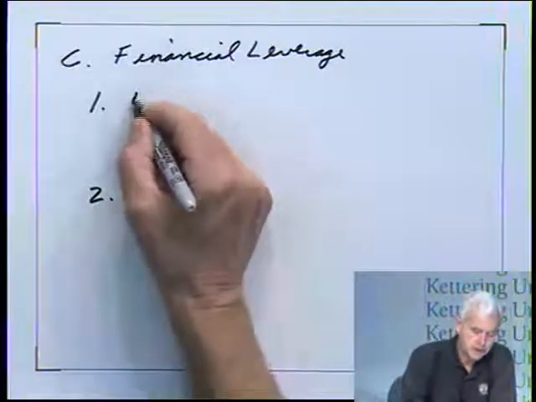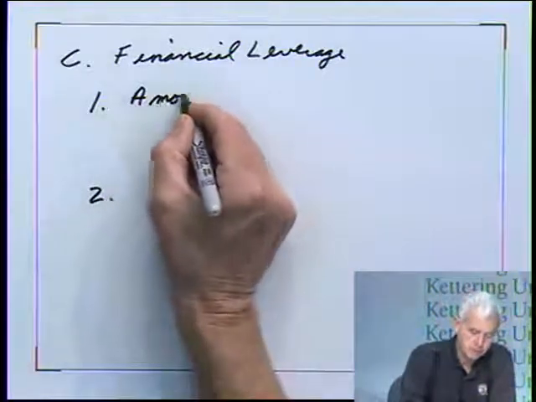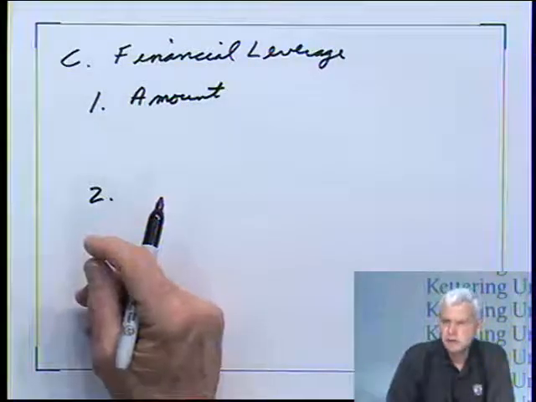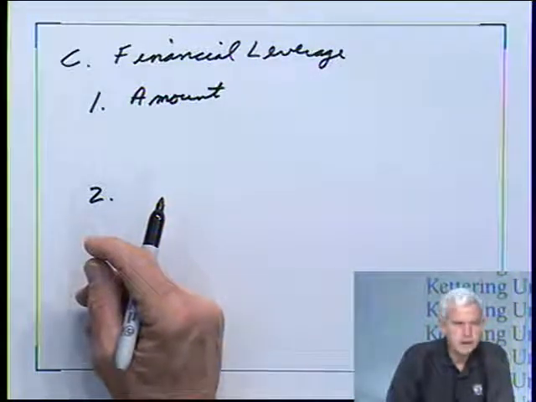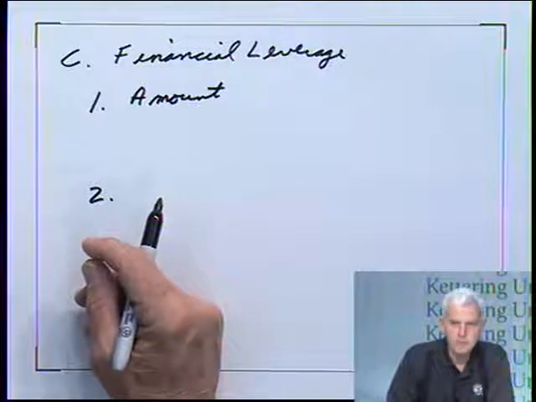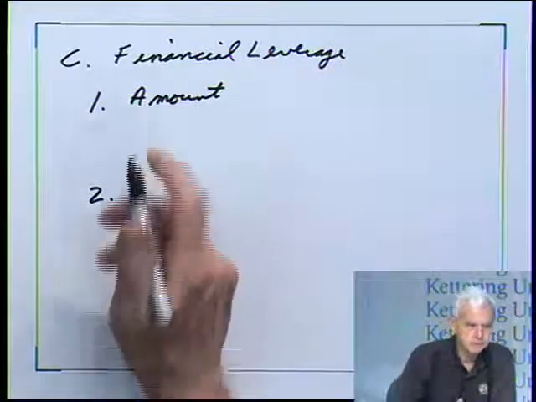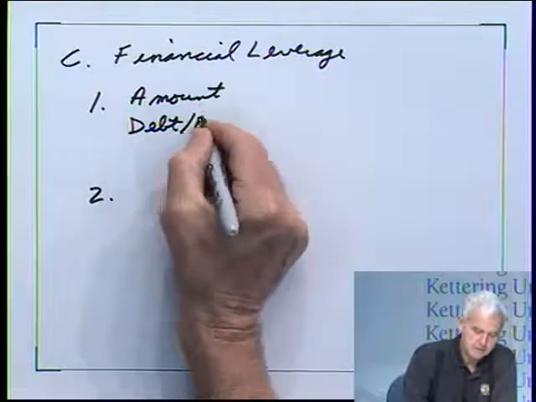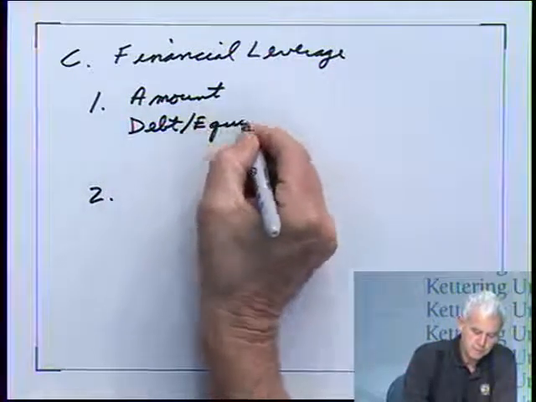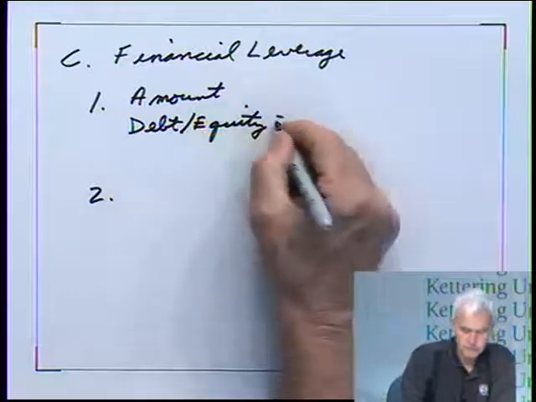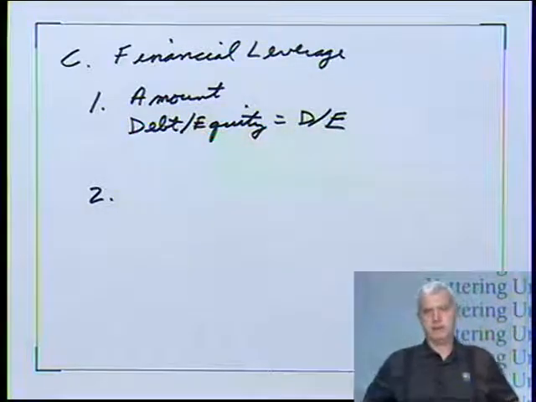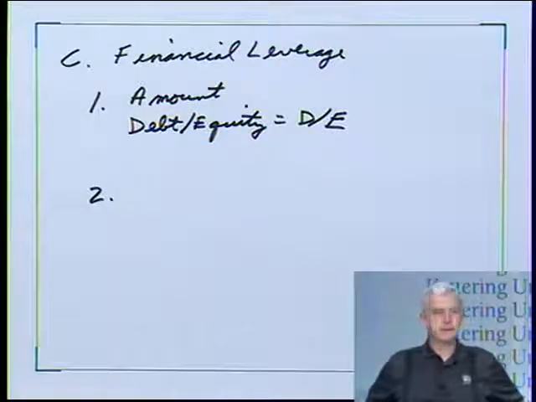The first thing is the amount of financial leverage. And you know the answer as to how we measure the amount of financial leverage. It's called the debt equity ratio, or D/E, however you want to write that or read it.